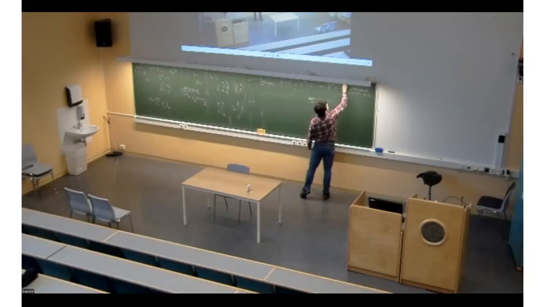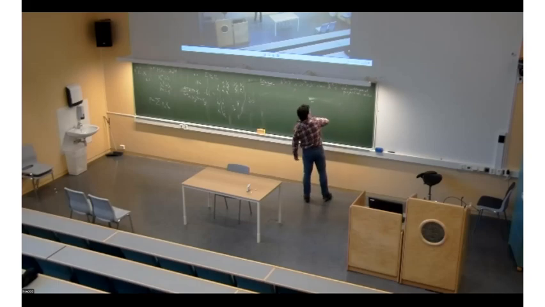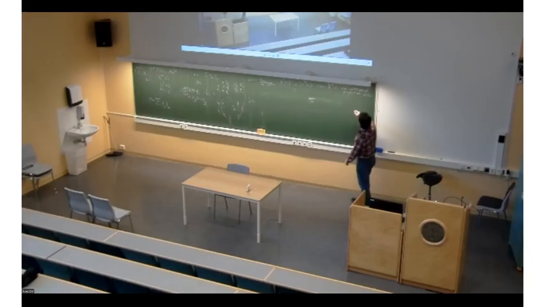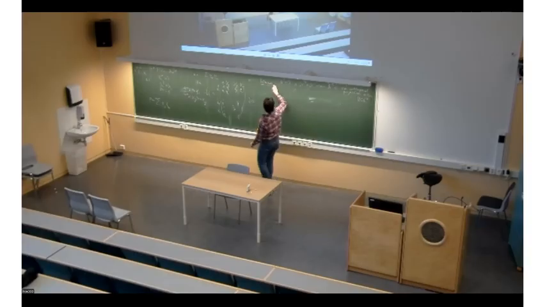Let's see, like a matrix. And I claim that these two conditions are equivalent to x being the orthogonal projection onto some subspace, and orthogonal with respect to the first one.